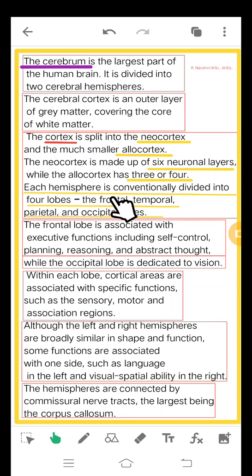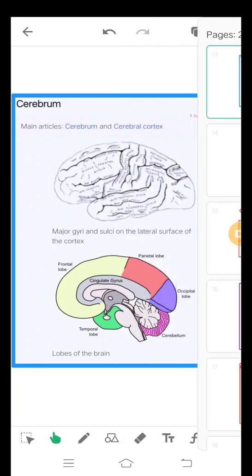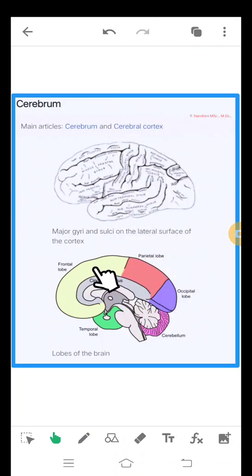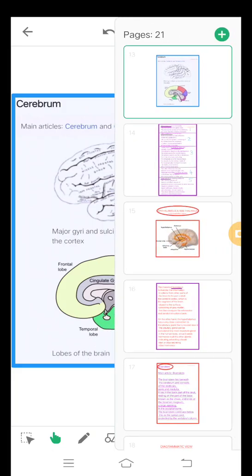Then each hemisphere is conventionally divided into 4 lobes named frontal lobe, temporal lobe, parietal lobe and occipital lobe. See, this is the frontal lobe, this is the parietal lobe, this is the occipital lobe, this is the temporal lobe.